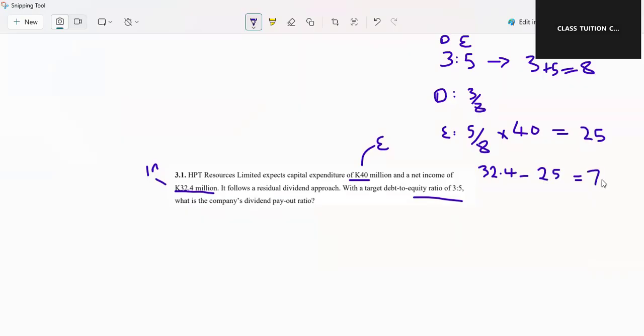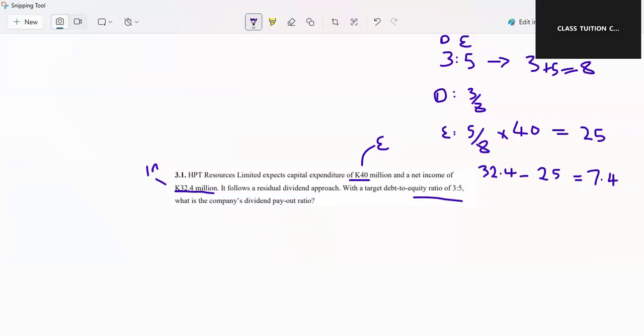So we remain with 7.4. This is the residue income that remains from the 32 million.